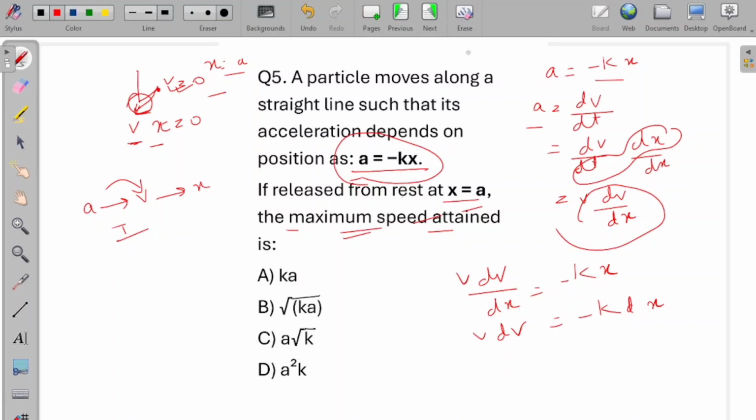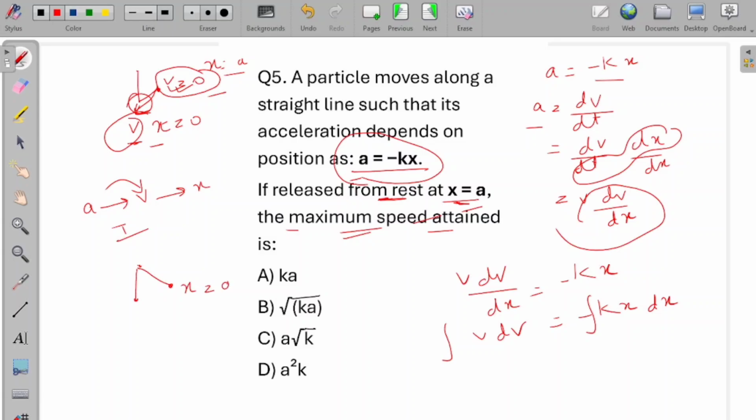And now we will integrate. Let me write it properly. X dx. We'll integrate this, and velocity will be integrated from 0 to v as the object is being released from x is equal to a, right? I'll make it again for you if you want me to simplify it.